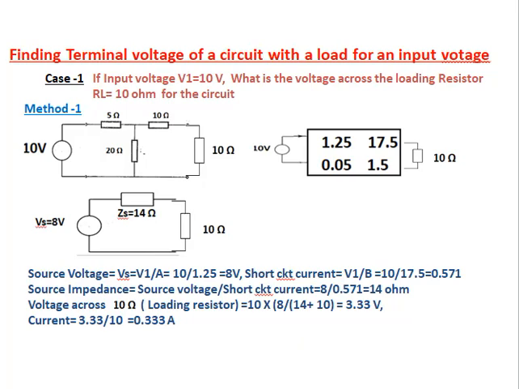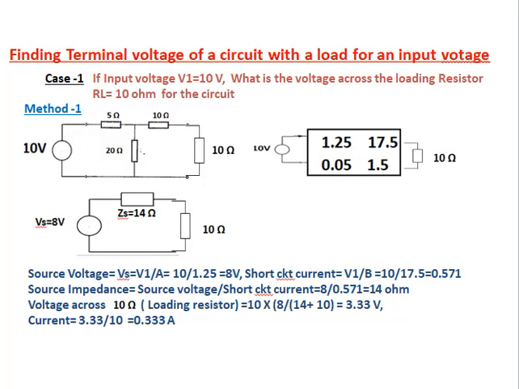Source voltage Vs is equal to V1 by A, that is 10 by 1.25 equal to 8 volt. Short circuit current is V1 by B, that is 10 by 17.5 equal to 0.571. Source impedance is source voltage divided by short circuit current, that is 8 by 0.571 equal to 14 ohms.